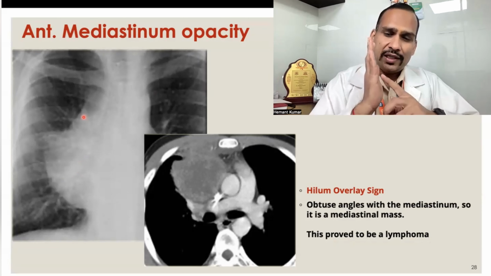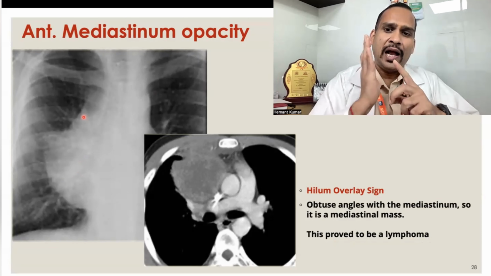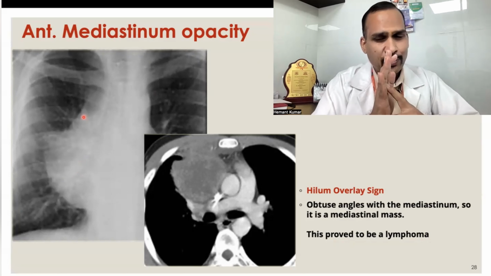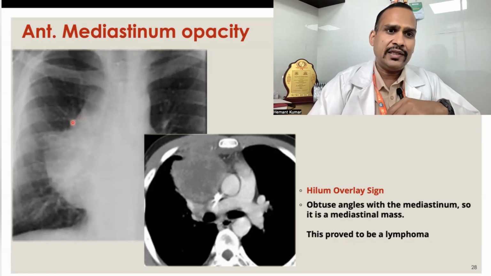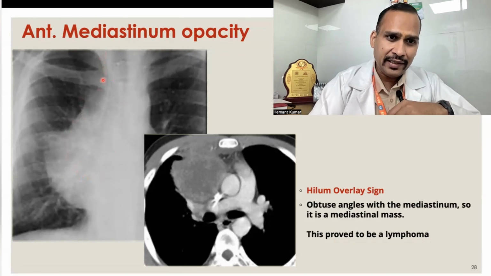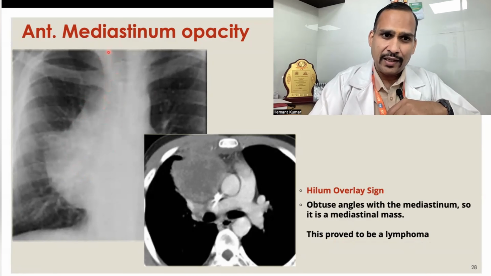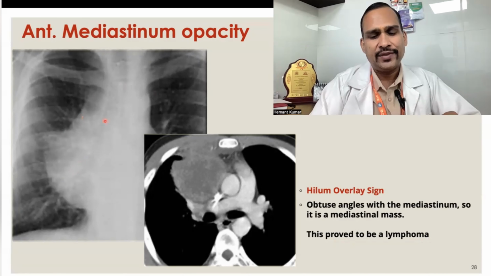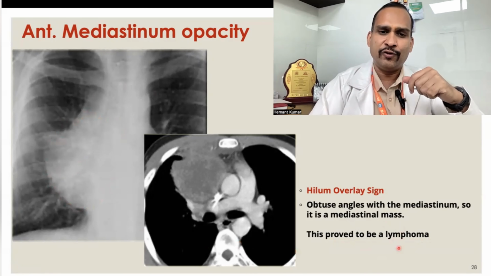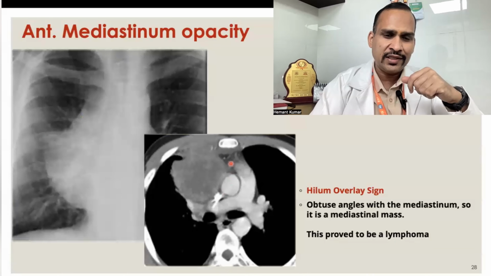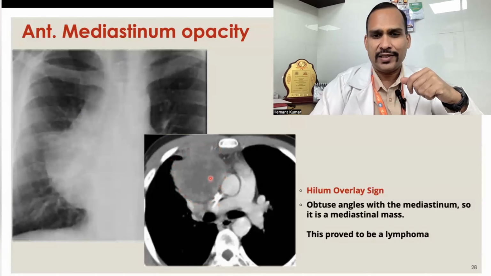This is obscuring the right heart border, the hilum overlay sign is positive, and the other thing is the angle between this mass and the mediastinal border is obtuse, more than 90. So this is an anterior mediastinal opacity. The diagnosis is probably lymphoma. In CT scan also you can see this is an anterior mediastinal mass.